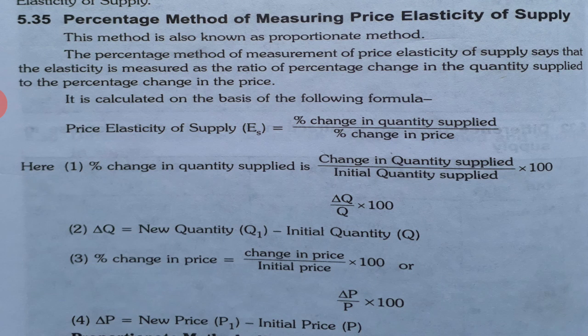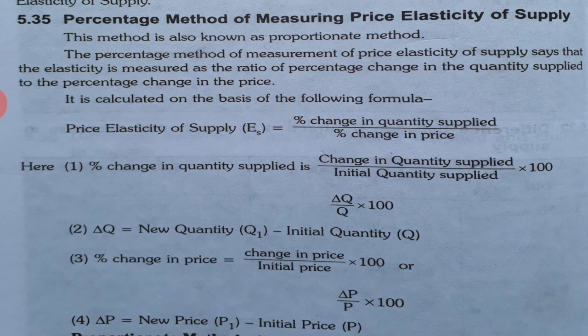It means final quantity of supply minus initial quantity of supply. And to find out percentage change in price, we use formula delta P upon P multiply 100. Delta stands for difference between the new and old one, that is called delta. It means difference between those two, change.